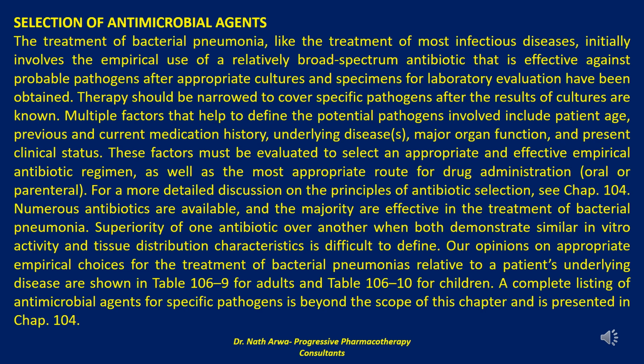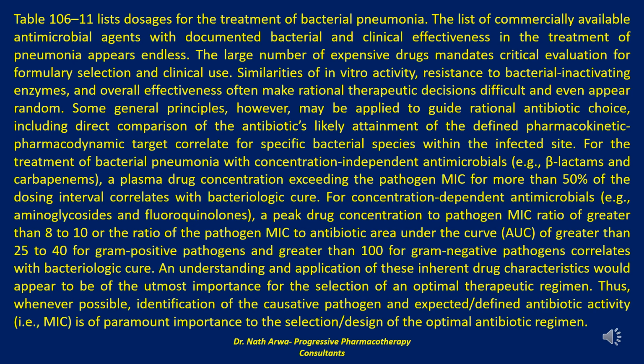A complete listing of antimicrobial agents for specific pathogens is beyond the scope of this chapter and is presented in Chapter 104. Table 106-11 lists dosages for the treatment of bacterial pneumonia. The list of commercially available antimicrobial agents with documented bacterial and clinical effectiveness in the treatment of pneumonia appears endless. The large number of expensive drugs mandates critical evaluation for formulary selection and clinical use.